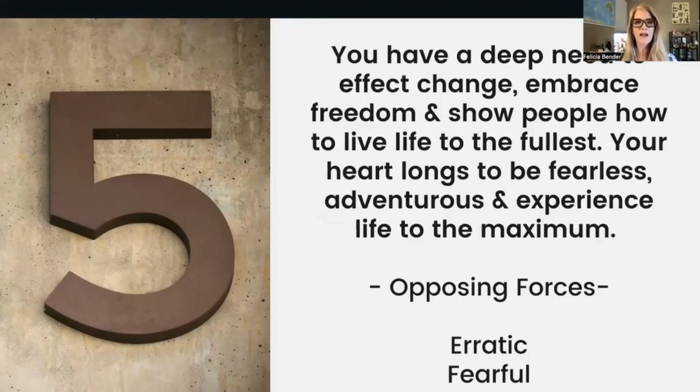So with this 5 kind of burning in your heart and soul, you are this catalytic person. You are often that very versatile agent of change. Again, fun, sexy, sensual, love to shake things up, right? Just the opposite of the 4. The 4 likes that predictability. The 5 is like, I want things to be a bit more exciting in life.